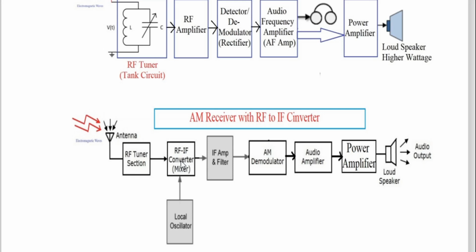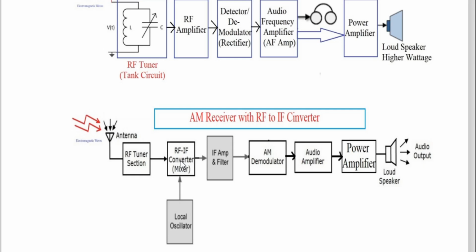So suppose 455 kilohertz is one radio frequency, and there is one more radio station at 440 kilohertz. Then there is one circuit catching the radio frequency of 455 kilohertz and converting that radio frequency into the corresponding intermediate frequency. It is very important.